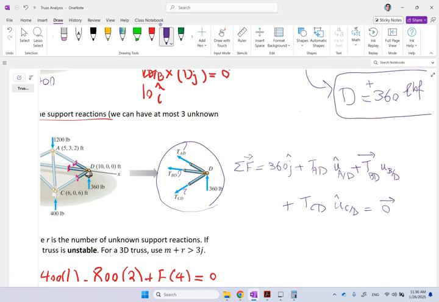Now, these 3 magnitudes are unknown. Seems like I made a mistake here. These 3 guys are unknown, but the unit vectors are known.